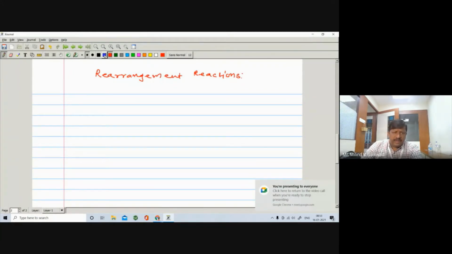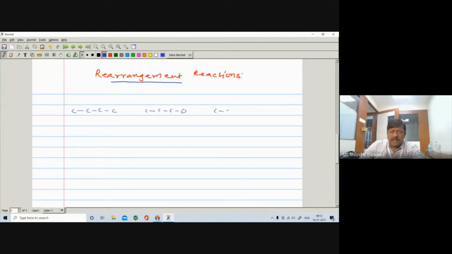There is an arrangement in a molecule, and when you rearrange it, it is a rearrangement reaction. In an organic compound, you observe that there is either a carbon skeleton, or a carbon-oxygen skeleton, or sometimes a carbon-nitrogen skeleton, so there is a bond between C-O or C-N.